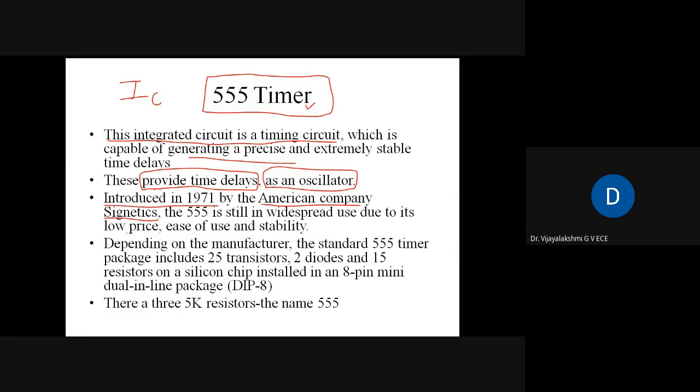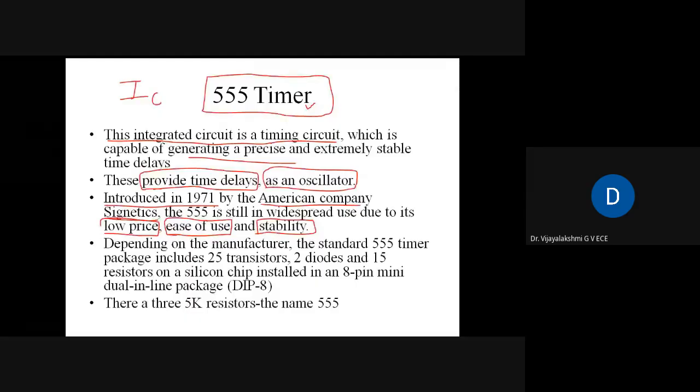The reasons are the low price and ease of use. You can use this timer easily for any application, and this IC provides good stability. Because of these reasons, the IC is still used by the large mass.